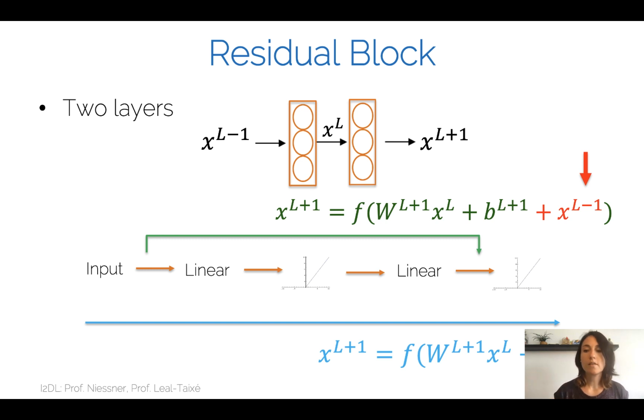And this also helps when backpropagating gradients, because we have this direct highway for the gradients to flow. So if the gradients would be stopped here for any reason, we still have this highway where the gradients can flow. And with these residual blocks, we saw that we could train deeper and deeper networks, and the performance never decreased, but only increased.